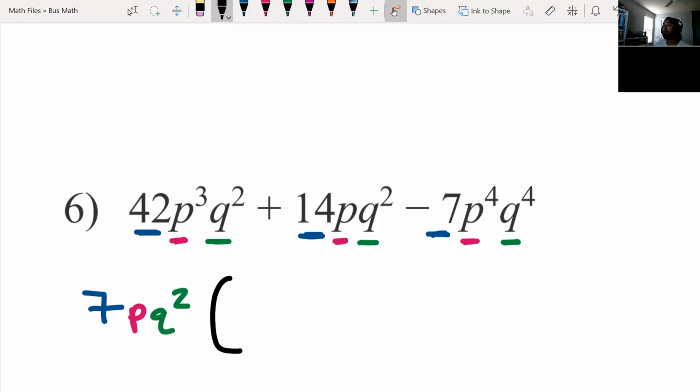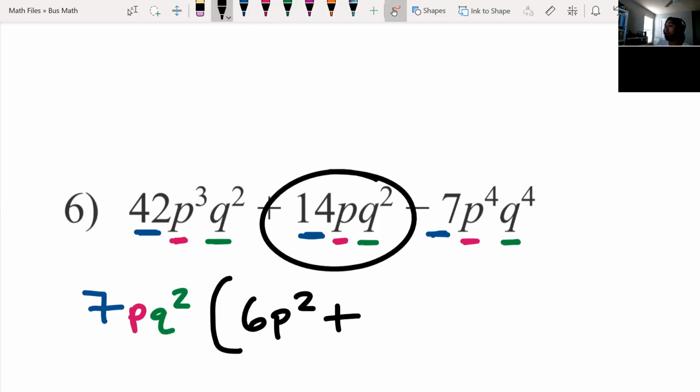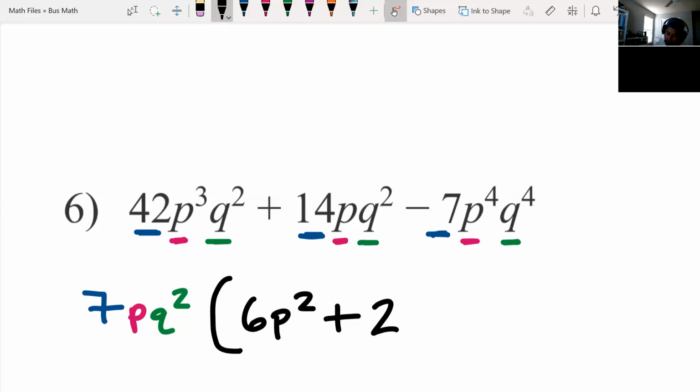Now factor it from all the terms, and when we take it from 42p cubed q squared, what are we left with? 6p squared. Plus, now take it from 14pq squared, what are we left with? Just 2.